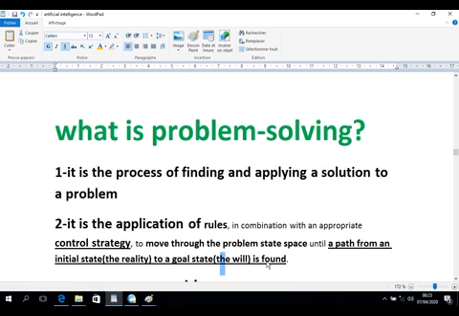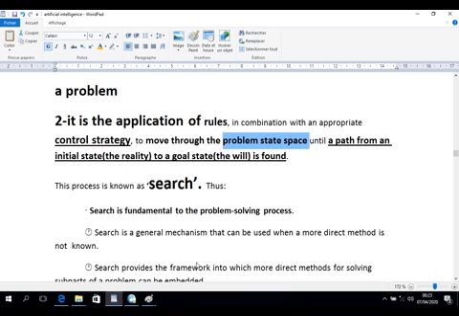It is also the application of rules in combination with an appropriate control strategy to move through the problem state space until a path from an initial state, that is the reality, to the goal state, that is the win, is found. What are the rules?